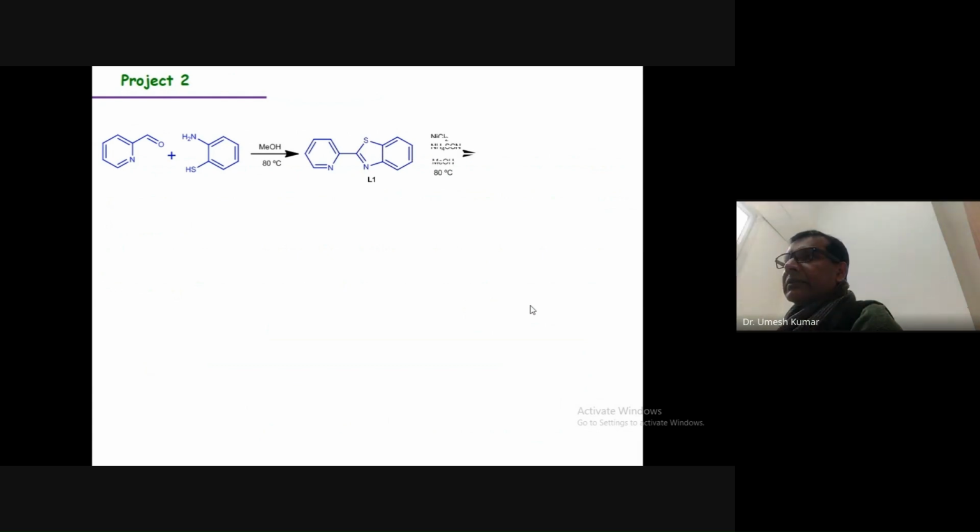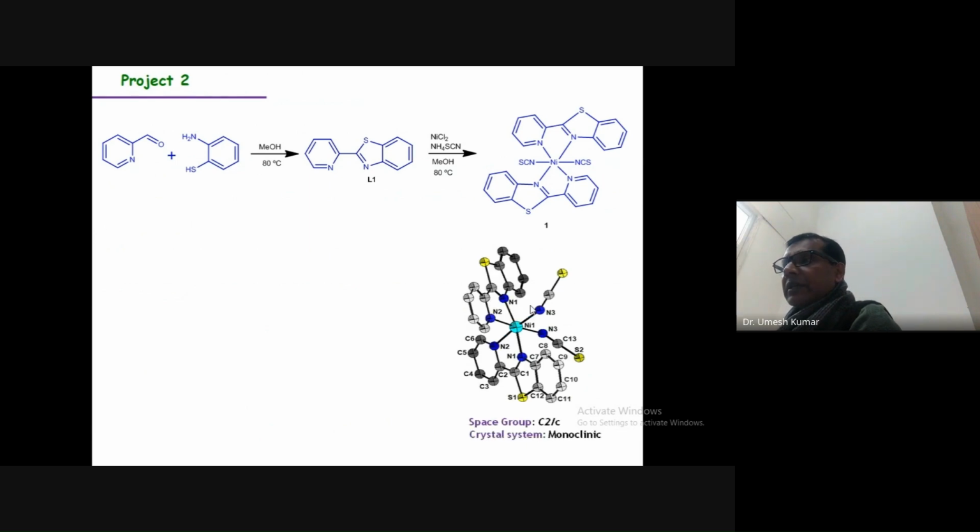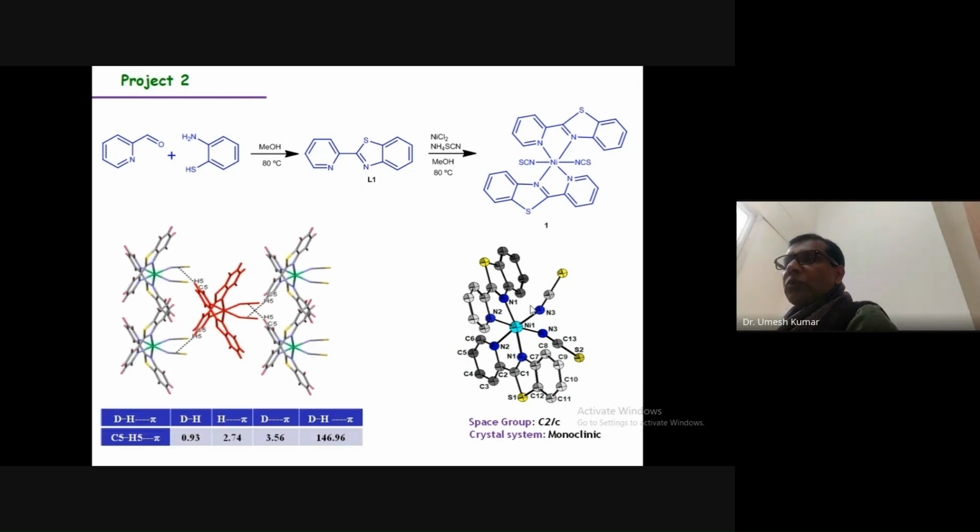We have synthesized new ligands, and these ligands were reacted with nickel chloride and ammonium thiocyanate, giving a nickel complex. And this complex was again reported for the first time by single crystal X-ray data. We have seen a hydrogen bonding network here, but this hydrogen bonding is not as excellent as in the previous compounds.